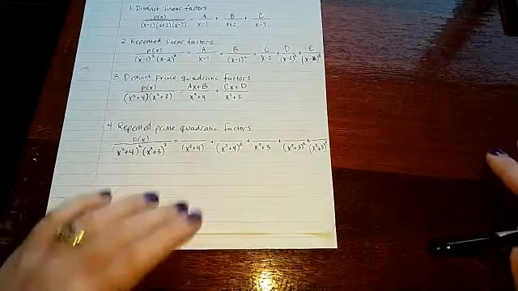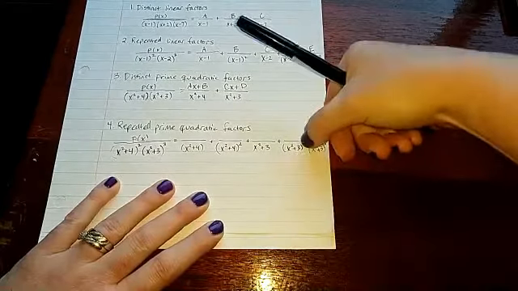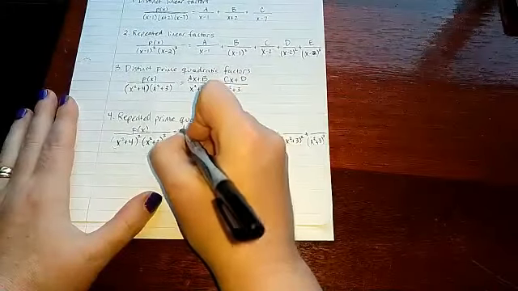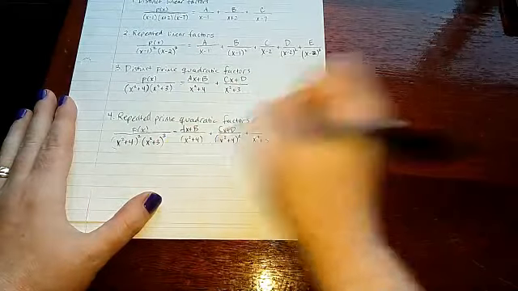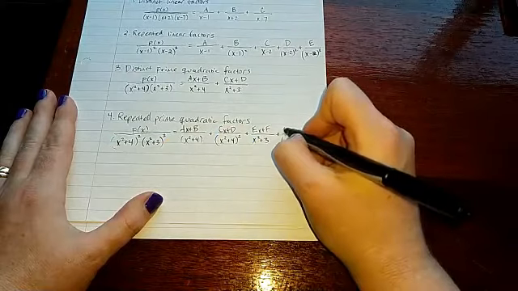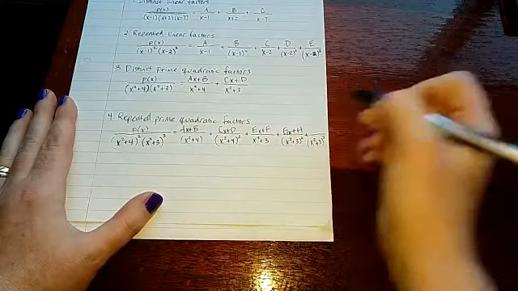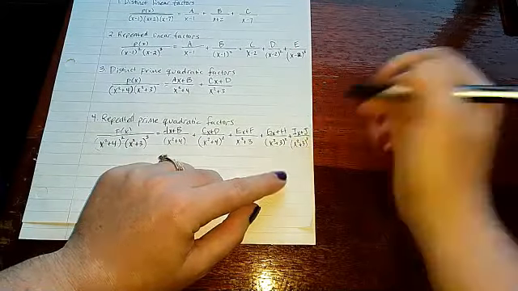Okay. Now, because each factor inside the parentheses, each of these is quadratic, that means each numerator will be 1 degree less. So these are all going to be linear. So ax plus b, cx plus d, ex plus f, gx plus h, ix plus j.